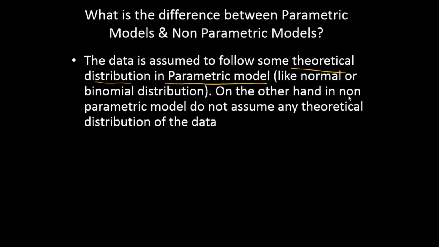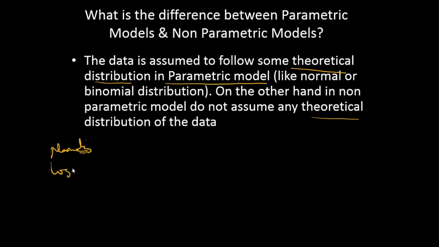On the other hand, non-parametric models do not assume any theoretical distribution. So what do you mean by theoretical distribution? Well, the theoretical distributions are the ones that we might have studied in our textbooks, like normal distribution, binomial distribution.